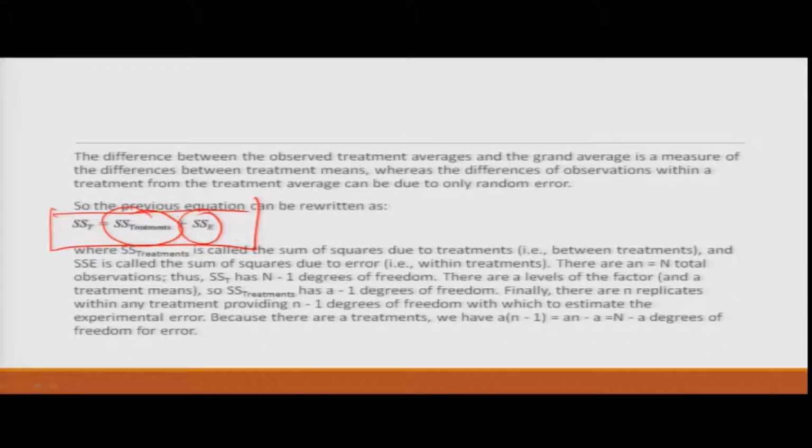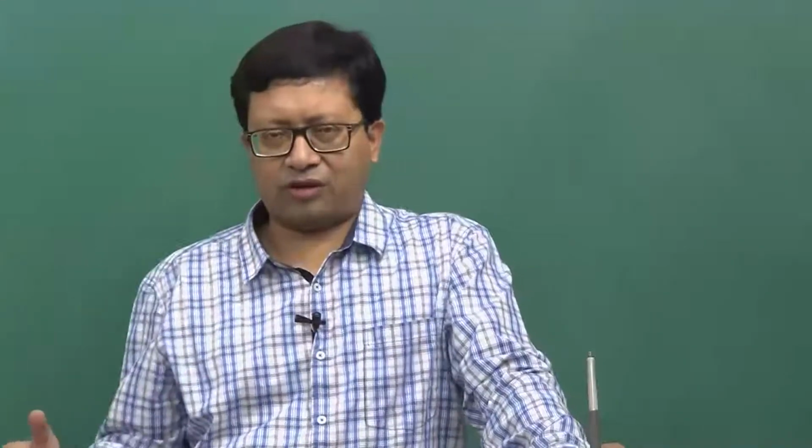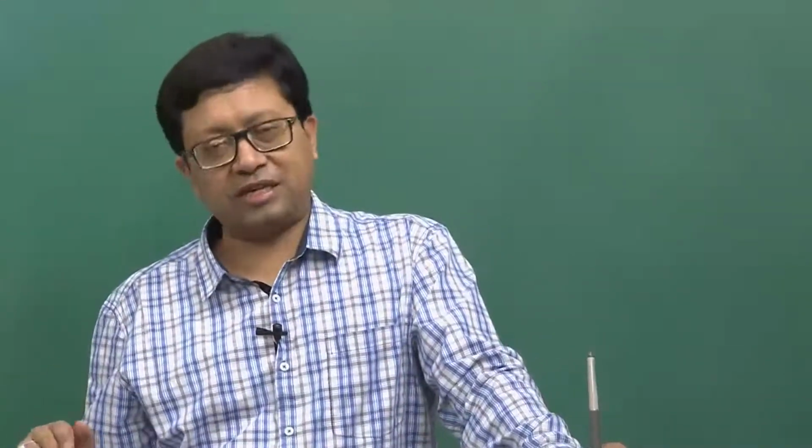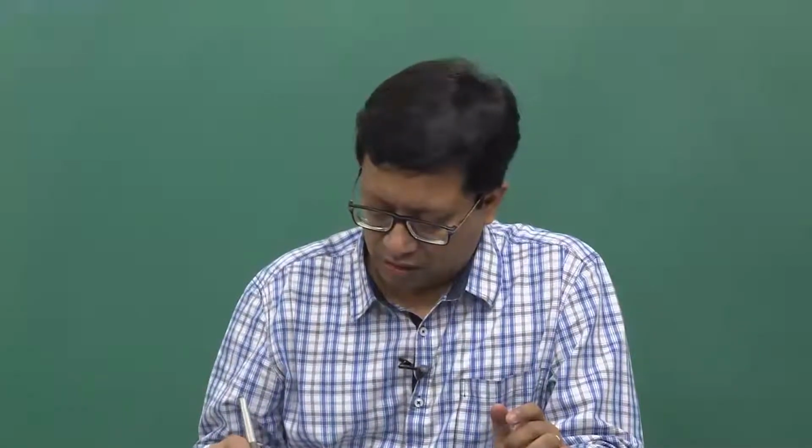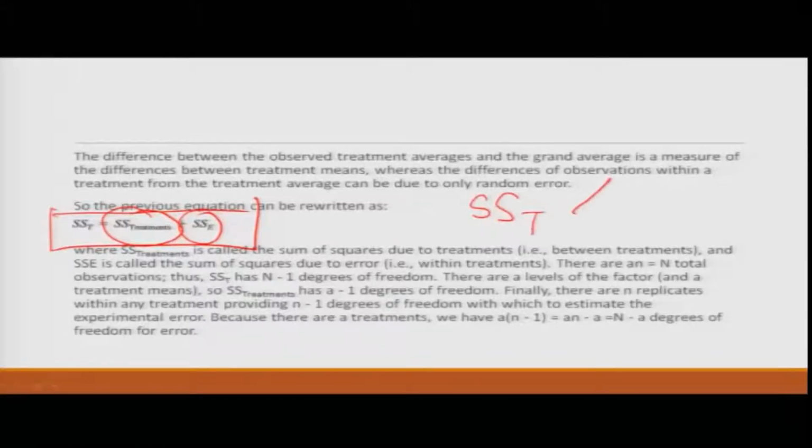The errors have an effect on the total sum of the squares, which is SST. So here SST has been divided into two parts, SS treatment and SSE. This is the so-called white noise coming from the example.